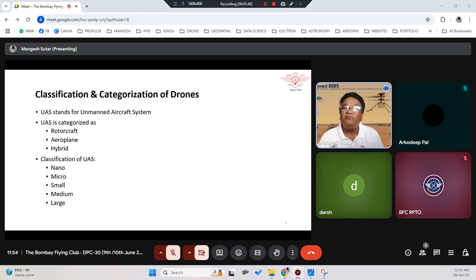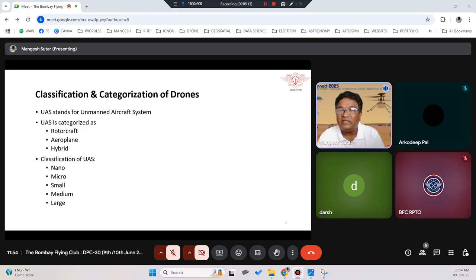But those people will only be passengers, like payloads. They are not contributing anything to flying that vehicle or aircraft. It is unmanned from an operational perspective. Even though you are carrying people from one location to another, they are only like a payload. So you have three categories: rotorcraft, aeroplane, and hybrid.